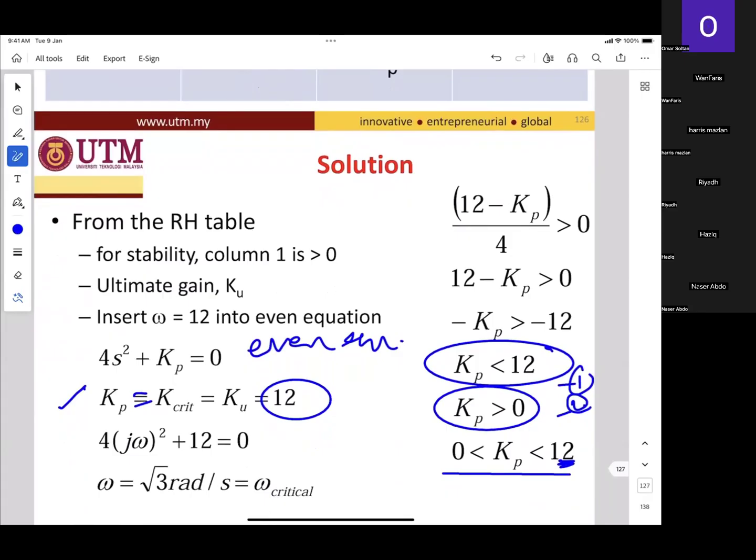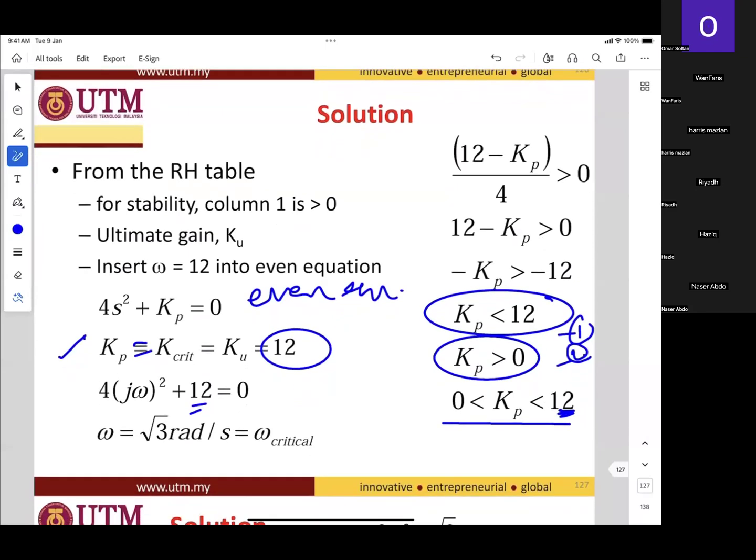So you insert the K value 12 here. Simplify, square root 3. So square root 3 is how much? 1.73.